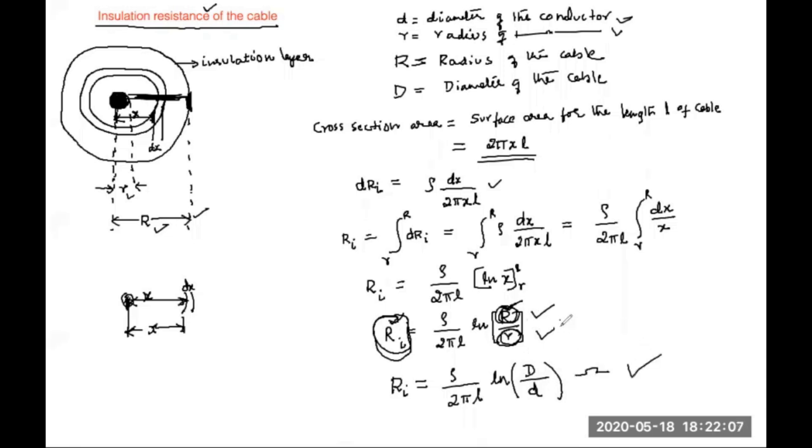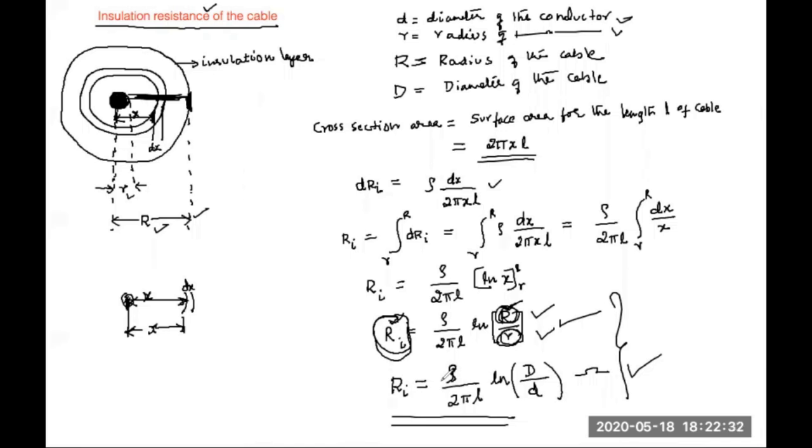If it is expressed in terms of radius, you use the other formula, but both formulas are correct. This is the insulation resistance formula, which depends on the resistivity, the length of the cable, the diameters, everything like this. Did you understand? This is an important derivation, but a very small one. It will be asked for 6 to 8 marks.